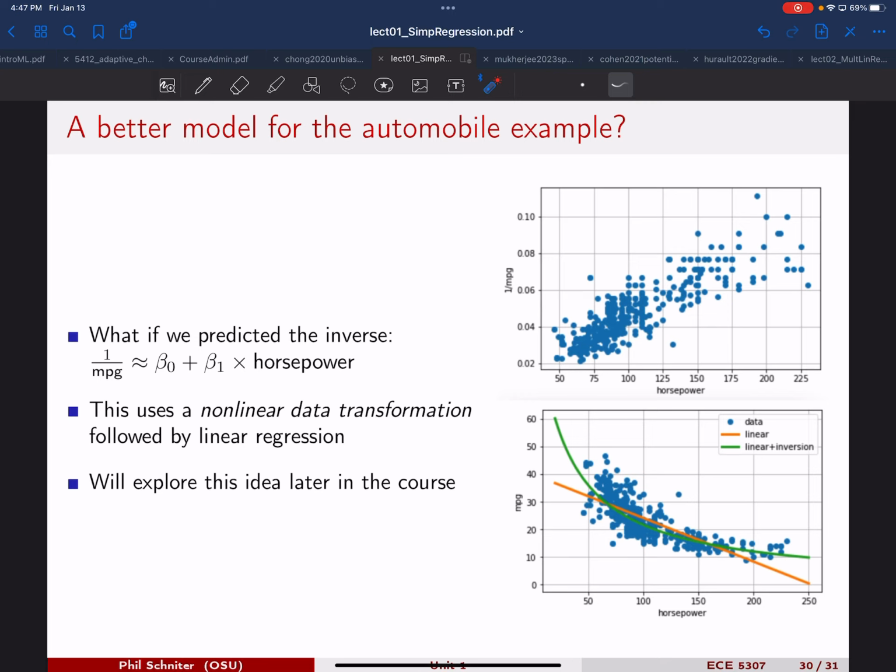But a simple thing we can do is, instead of trying to predict miles per gallon, predict inverse miles per gallon. You just change the problem. And you plot that data, and now it looks like this. Now you can see it's very close to a linear trend.